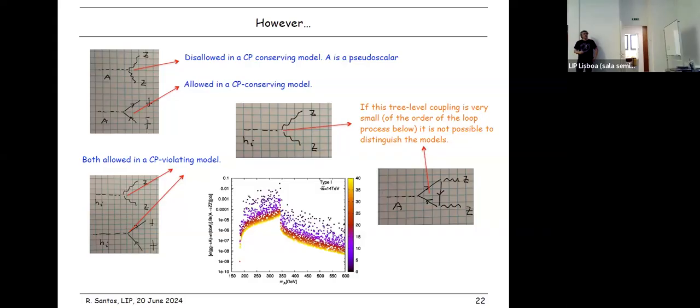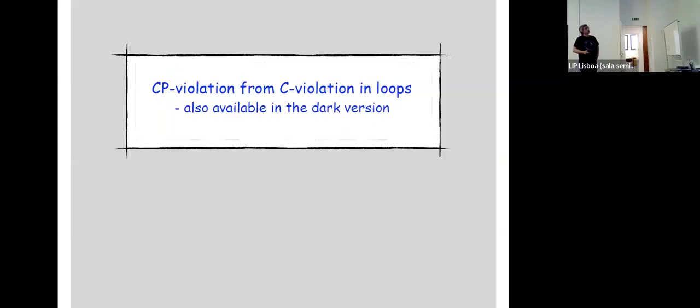How small? What if this tree-level coupling is so small that it's comparable with this coupling at one loop? Then you cannot decide. What do you do then? Well, you have to go back, look at the decays of the Z to leptons, and then try to find again if this is CP equivalent. Okay? Good.